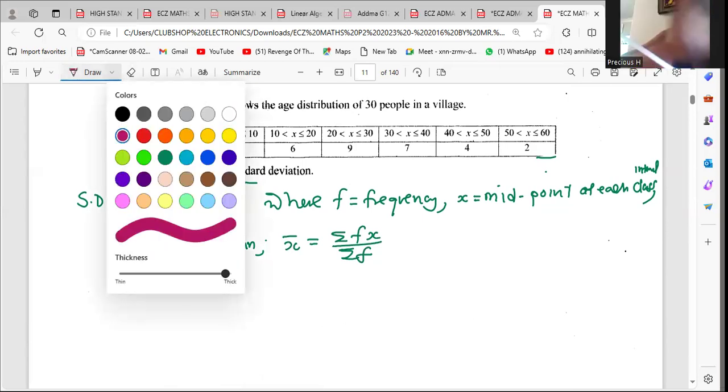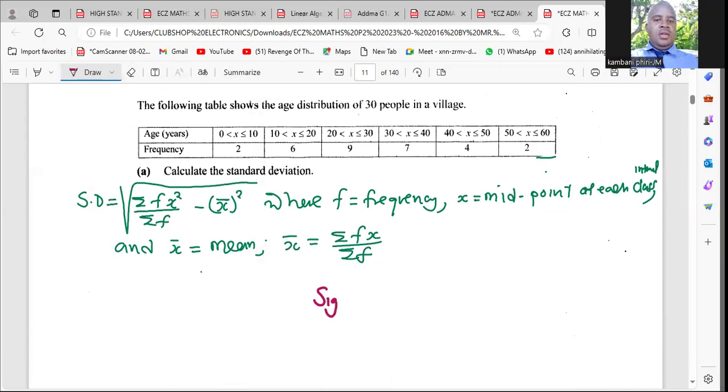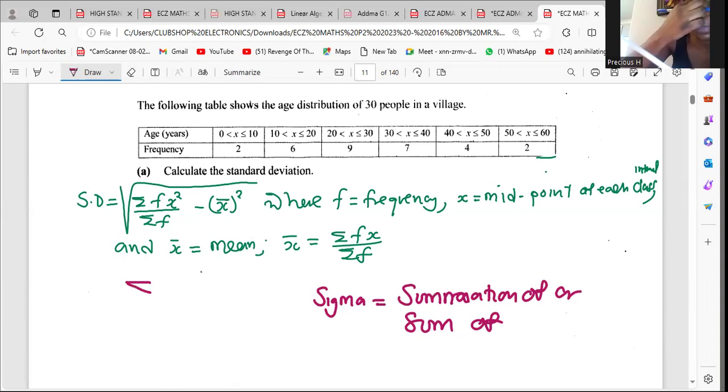If you want the name, it is sigma. Sigma simply means summation or sum of. Is that okay? It's like an E sort of like this.